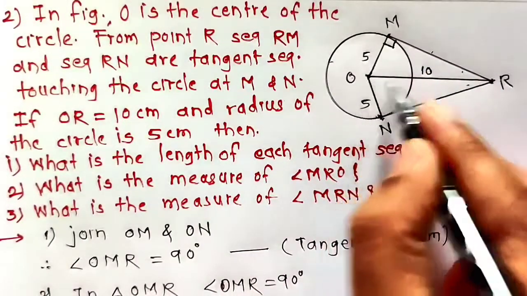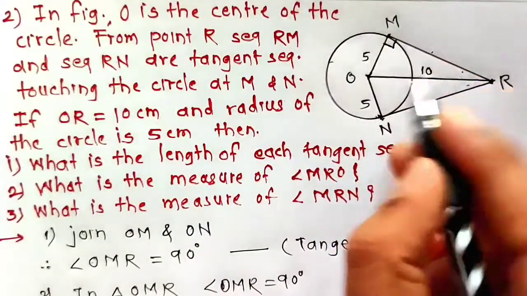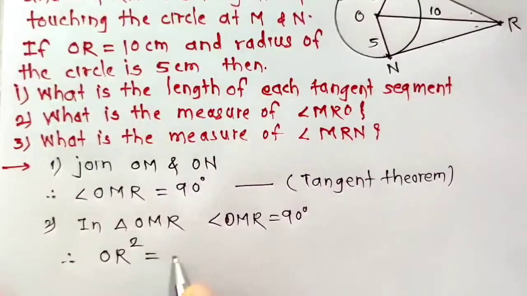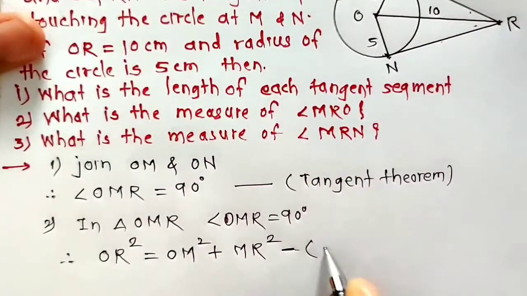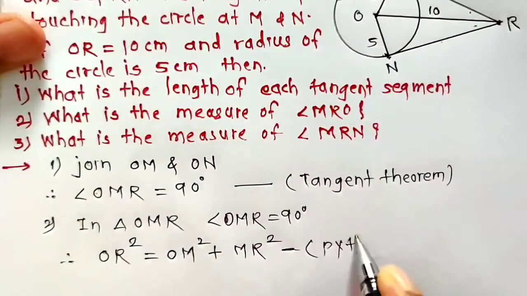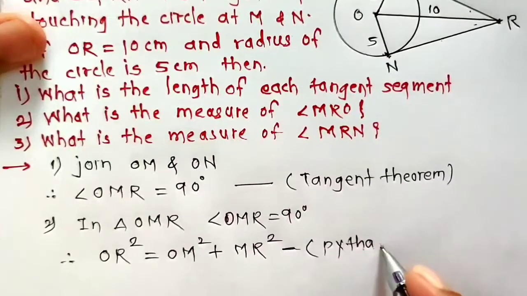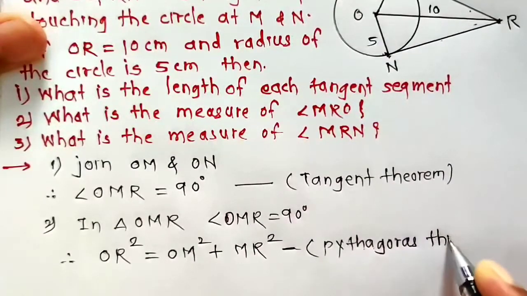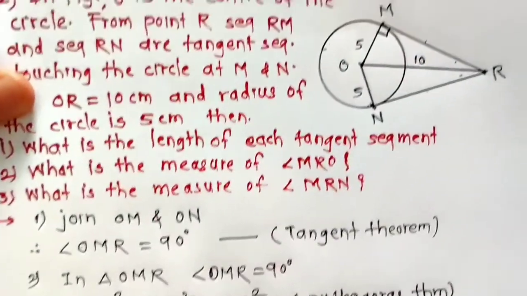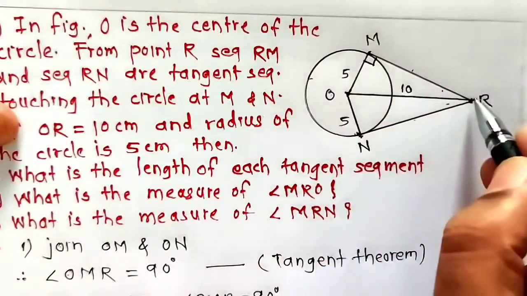Therefore what can we write? Hypotenuse, that is opposite to 90, OR square is equal to OM square plus MR square. Reason: Pythagoras theorem. So in this way, in this triangle we use Pythagoras.